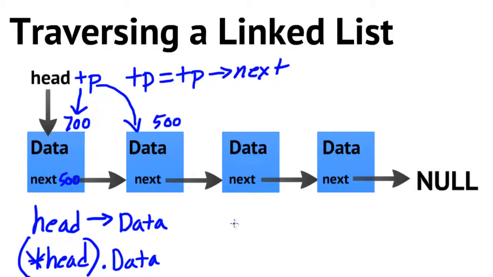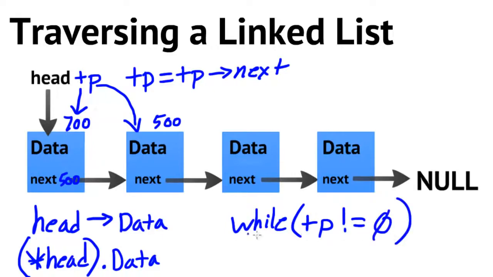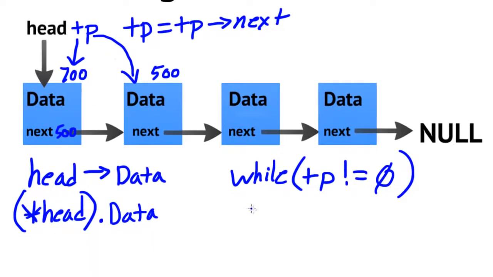So we'll say this. We'll say while our traversal pointer is not equal to null, and I'm going to just use 0 here. So as long as it's not equal to null, then we can do whatever operations. So the operations that we could be doing could really be anything. It could be just printing out a particular data member.